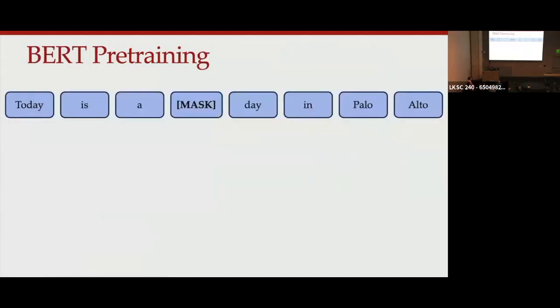More recently, I don't think we can talk about machine learning without talking about natural language processing. So if we go back a few years and think about these BERT style models, these actually work in a similar self-supervised setup. So you can take any arbitrary sentence, like: today is a blank day in Palo Alto. And what your neural network will do is take these sentences and mask out, or just remove, a random word.